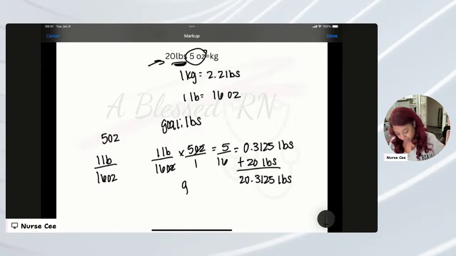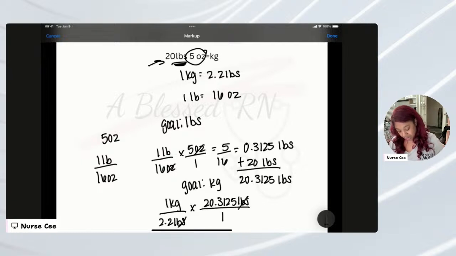We know that 1 kg is 2.2 pounds, and then we have our 20.3125 pounds that we just figured out. Pounds crosses out, and that'll give you your kilograms. So it'll be 9.23.